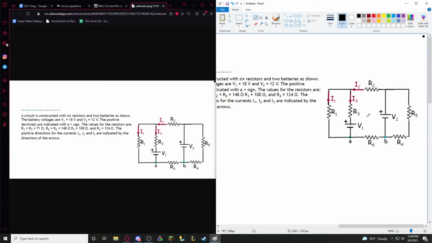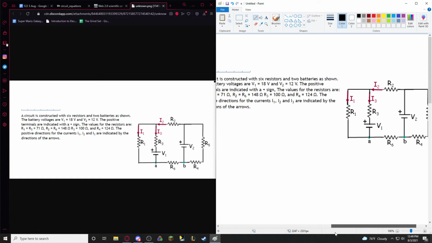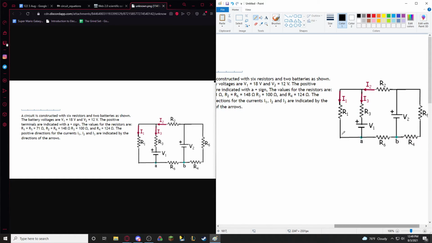And then the voltage rule is the sum of all the voltages equaling 0 for any closed loop. Exactly. So let's start with the current law. There's one equation we can write down for our current law here. Let's say for this junction right here. What's the total current in?